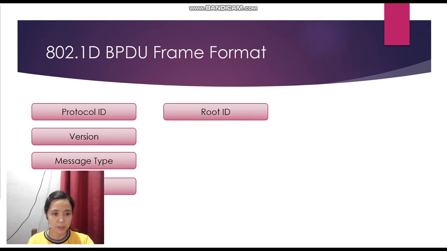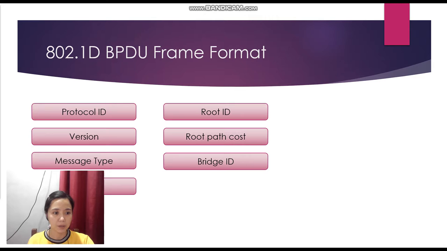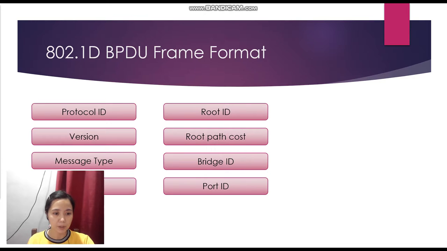The root ID is the root bridge information. The root path cost is the cost of the path from the switch sending the configuration message to the root bridge. And then the bridge ID includes the priority, extended system ID, and MAC address of the bridge sending the message. The port ID is the port number from which the BPDU was sent.